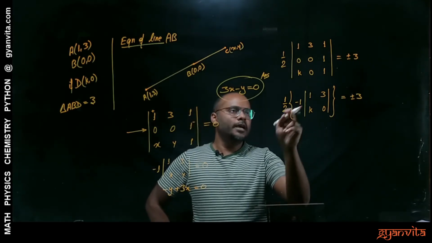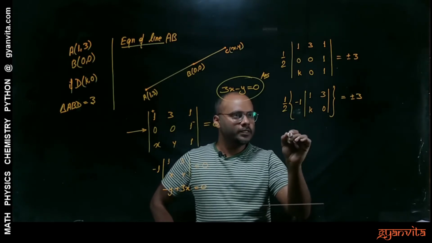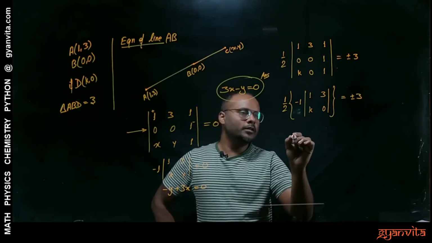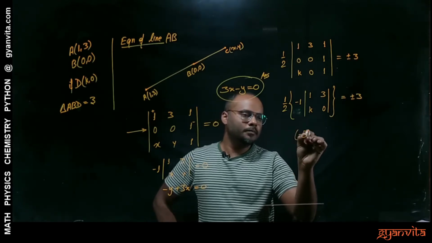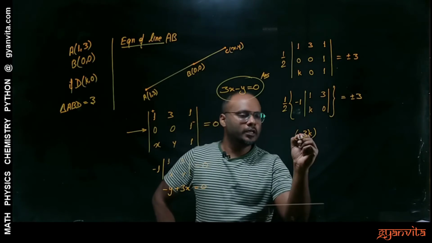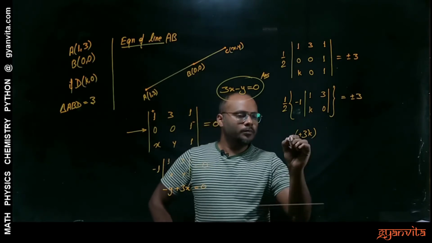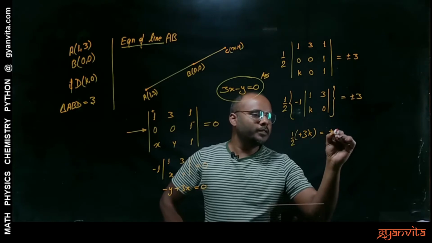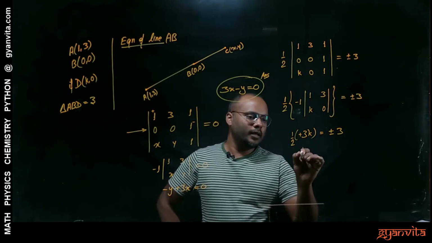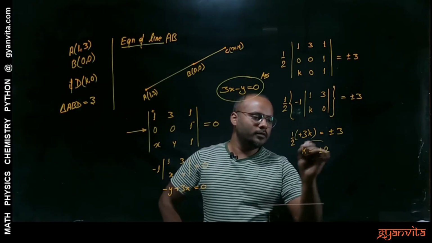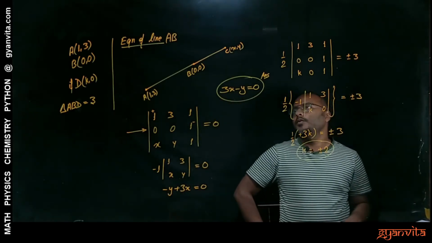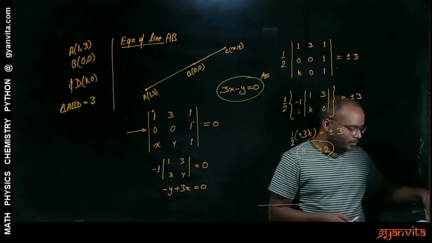There is minus 1 here, so minus half, and this determinant is 0 minus 3k, that is minus 3k into minus, so that will be plus, into 1 by 2, which equals plus or minus 3. That means k equals plus or minus 2. So k will be equal to plus or minus 2. So this is how you can solve such problems.